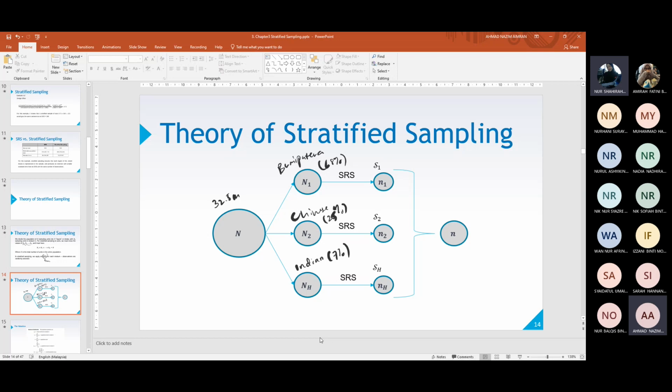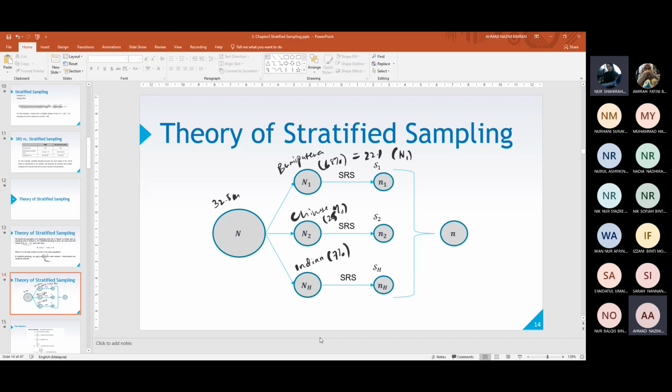68% out of 32.5 million is equal to 22.1 million. This is our N1.